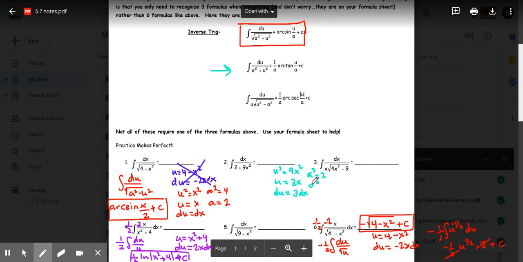And your a is the square root of that, which is root 2. So you look and say, do I have everything? Well, to complete my du, I need to be 3dx. So I have to put a 3 in, which means a 1/3 goes on the outside. You're left with the integral of du over a squared plus u squared.